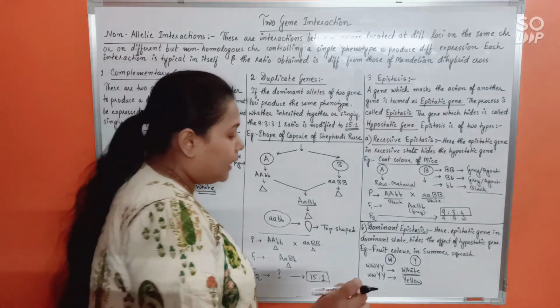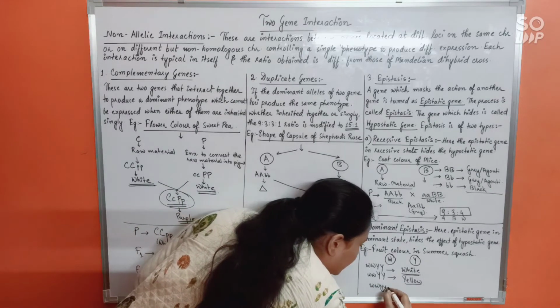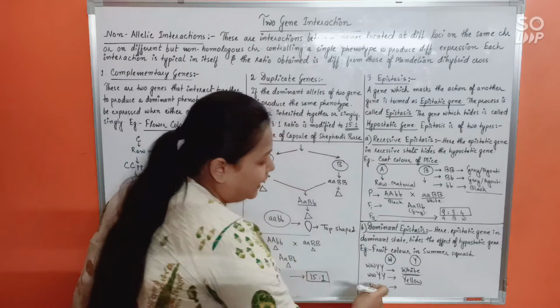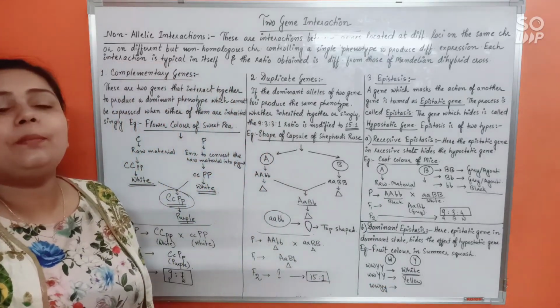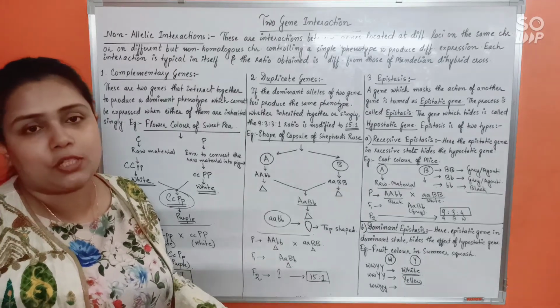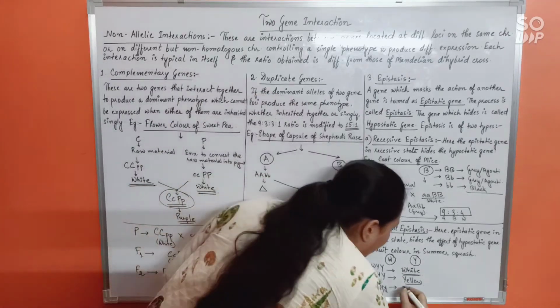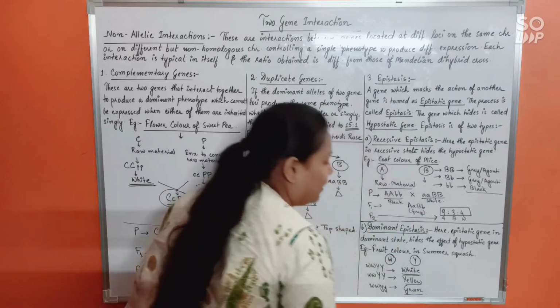Understood? Likewise, if none of the genes are inherited, means all the alleles are in small letter, all of them are in the recessive state, now what will be the color? No color is produced, it is not possible, right? So in that case, the color now would be green.